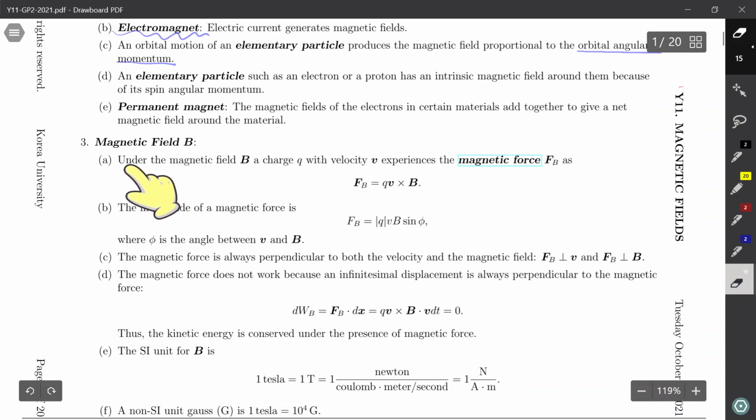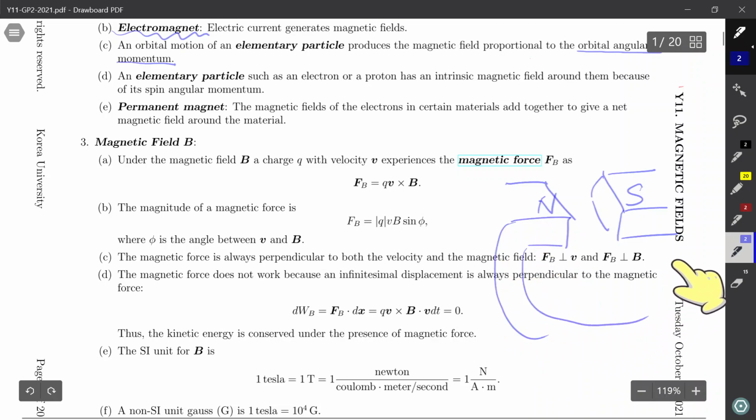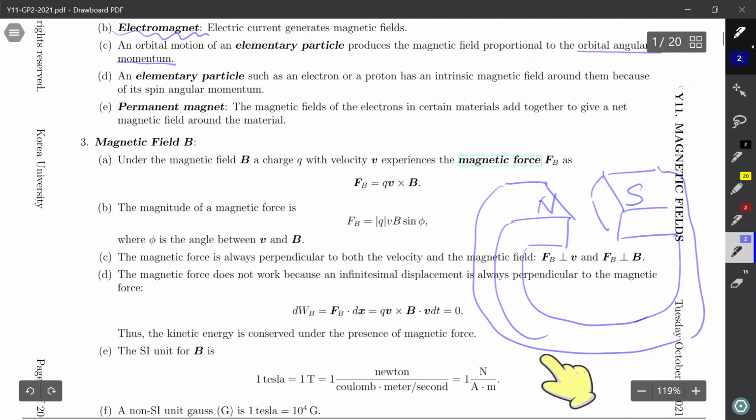Magnetic field B. For example, we have a very big magnet, N and S, and sure, they must be connected, or they are made of a series of magnets NS, NS and something like that.